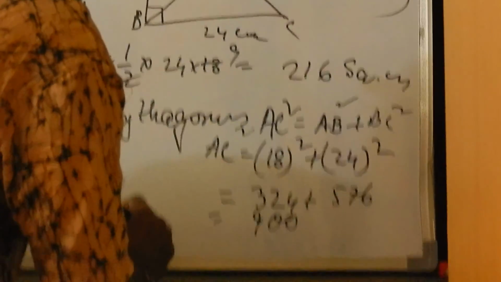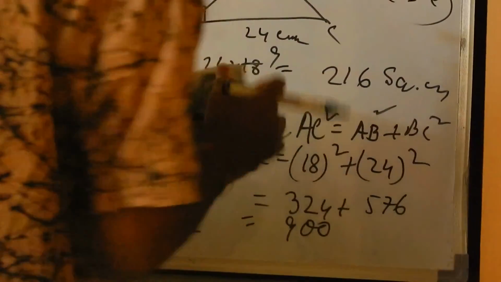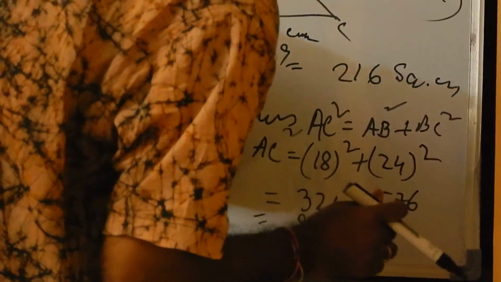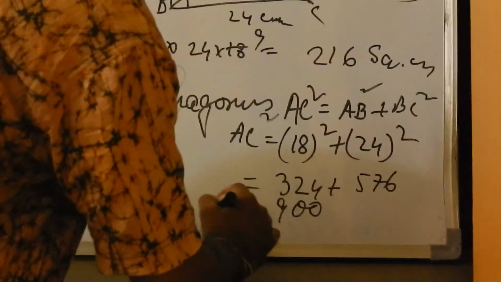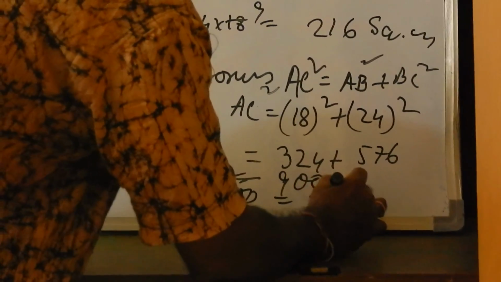So AC square has that value, and so AC equal to root over 900 equal to 30 centimeter.